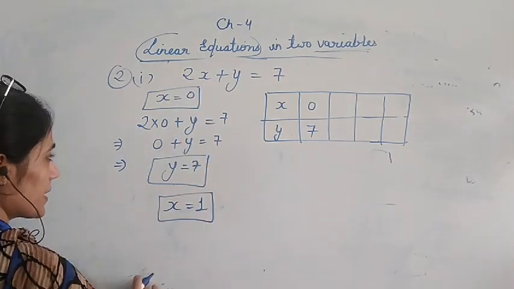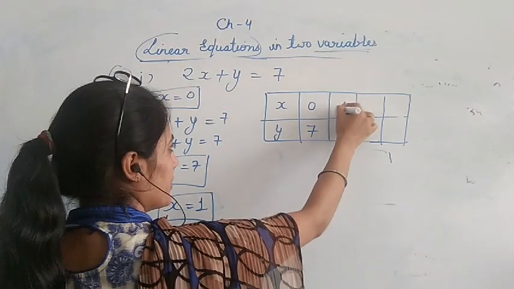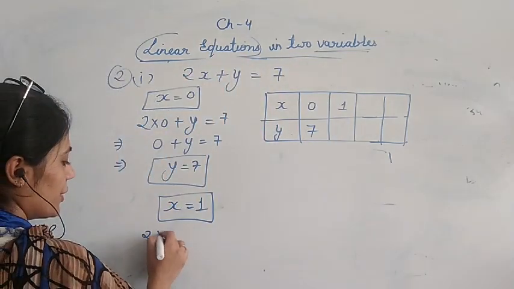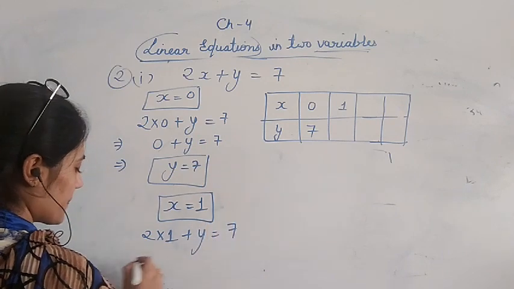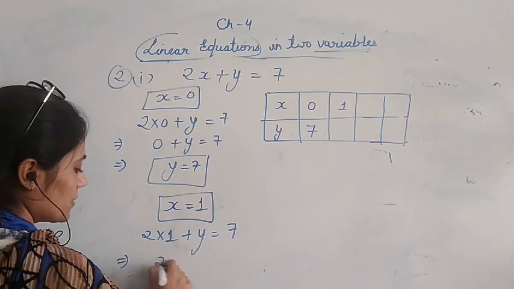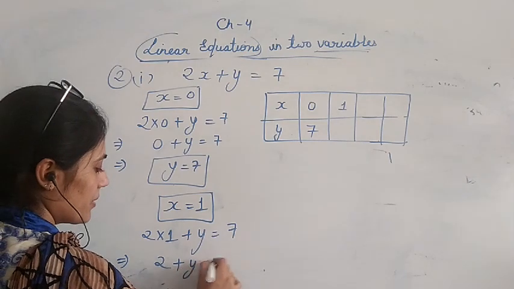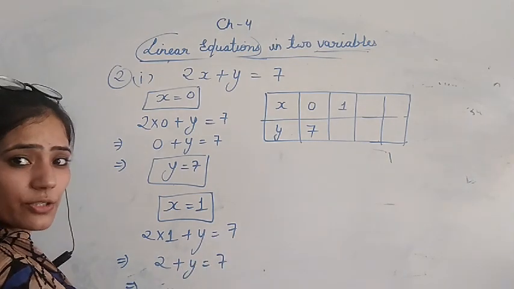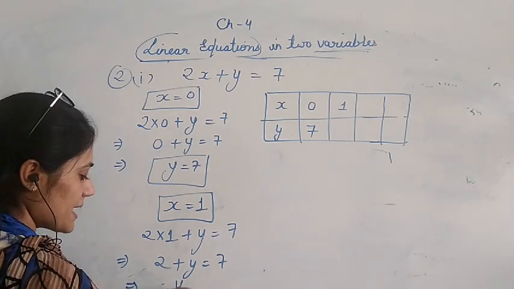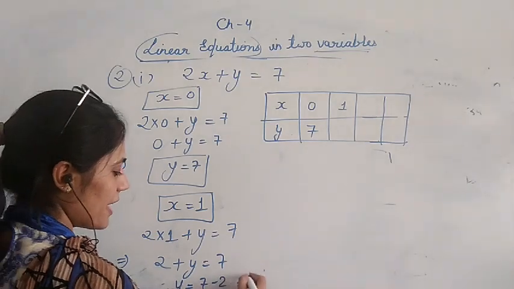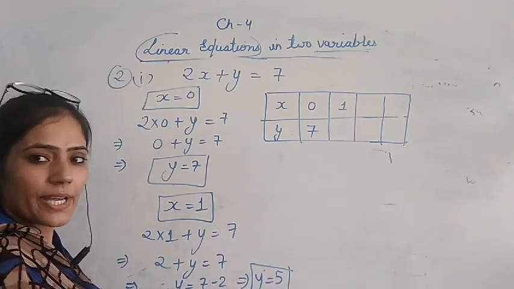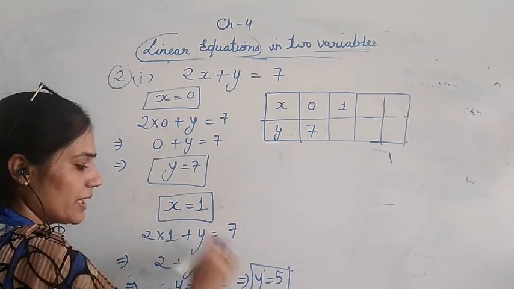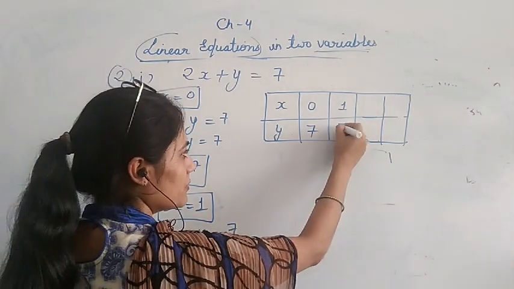Second thing, when I am putting x value 1, any value you can put. Second, x value 1. Put here 2 into 1 plus y equal to 7. So 2 into 1, 2 plus y equal to 7. What y value you will get? 7 minus 2. So y value is 5. Okay. So when I am putting x value 1, what I am getting? Y value 5.